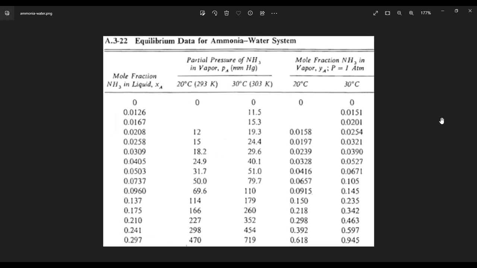Equilibrium data for ammonia water system. Can you see it, class? Yes, miss. Okay, so this is the table that I'm referring to.